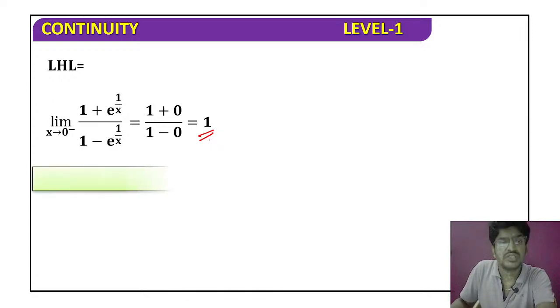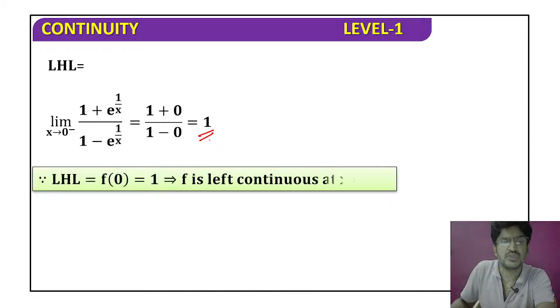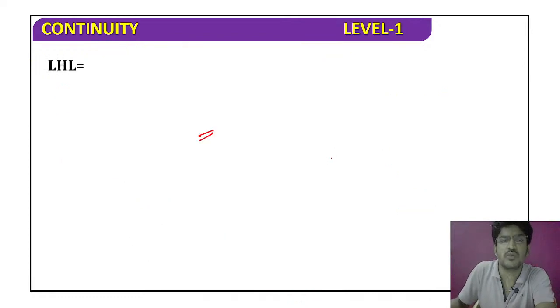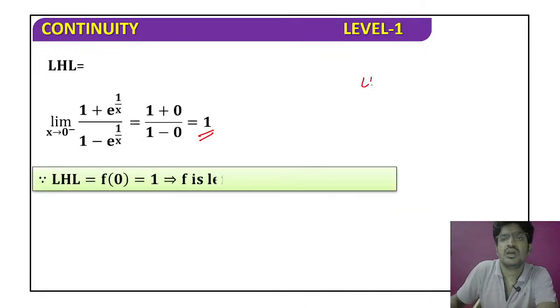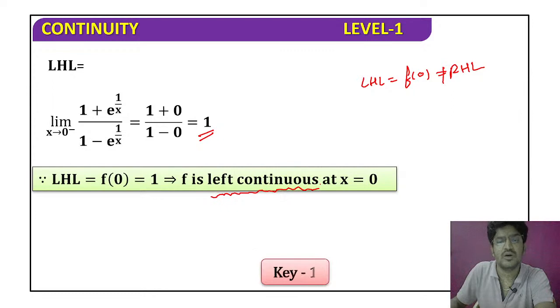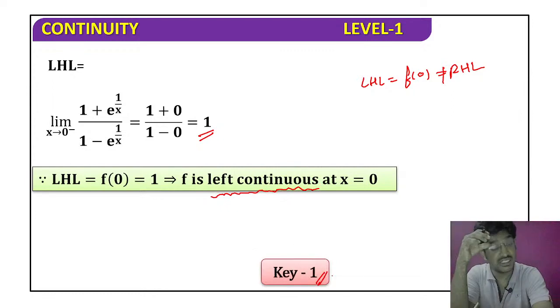Clear? So you can see LHL is plus 1, RHL is minus 1, and in the problem they have given that f of 0 is equal to 1. So LHL is equal to f of 0, but that is not equal to RHL. So here it is going to be left continuous. Therefore, option 1 is the right answer.